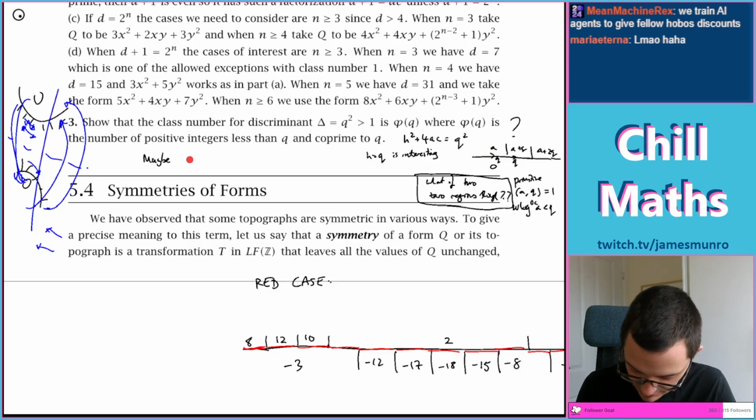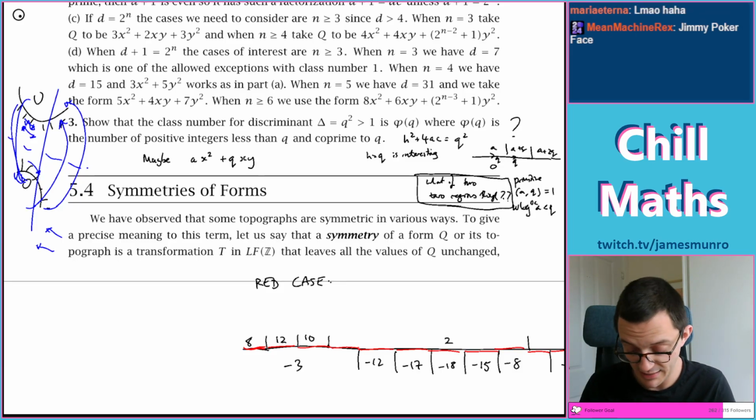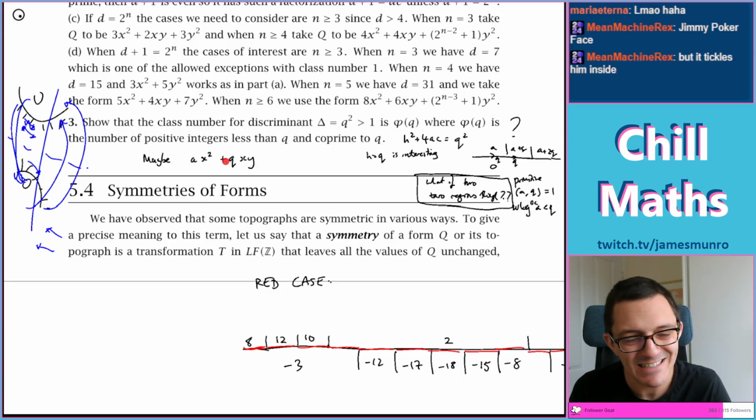So maybe these are going to be in the wrong order, but these are not canonical, I suppose. But maybe this with no y squared term, because then b squared minus 4ac is q squared, and primitive because a and q have to have no common factors.